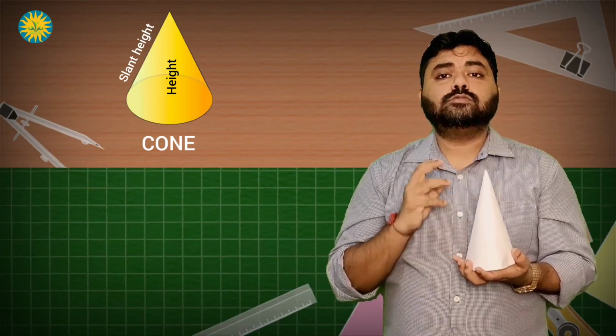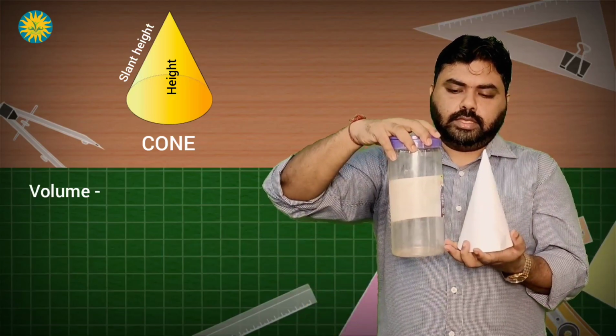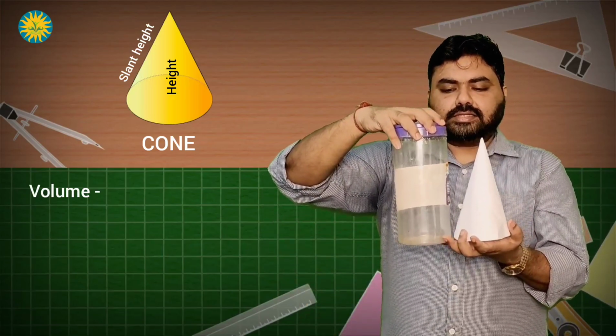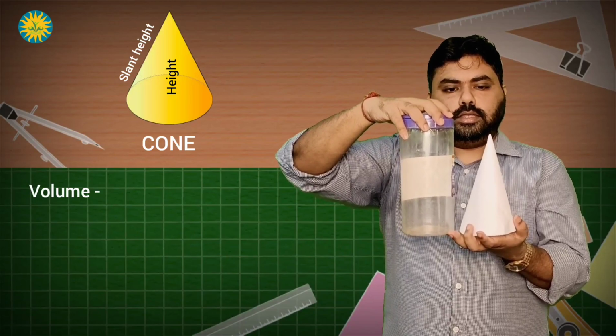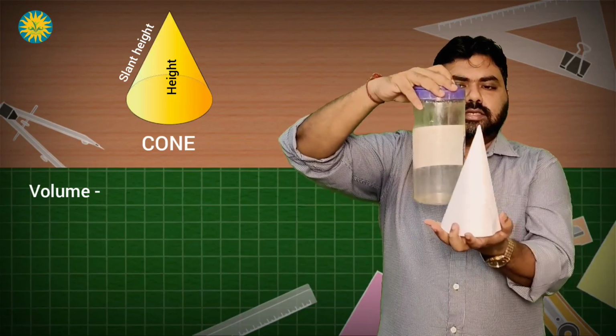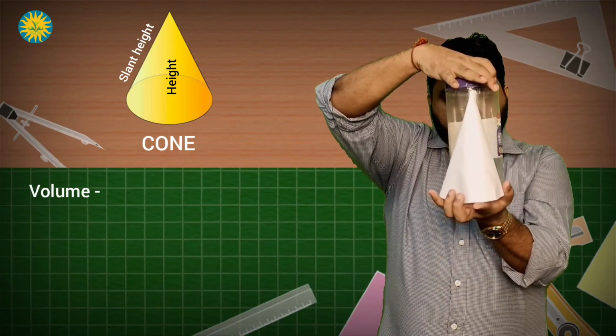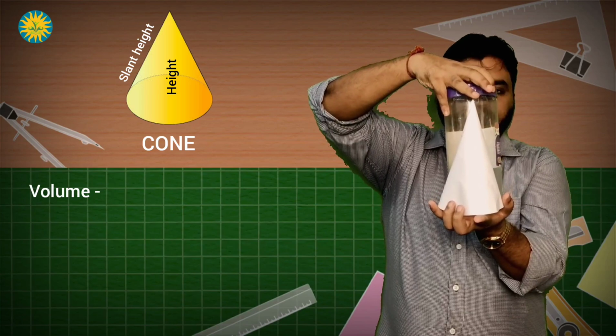Now comes the volume. Now just compare. Can we say that this cone is 1/3 of a cylinder? Just consider, if we place the cone, we can find here there is a space of another cone, and here the space of another cone.